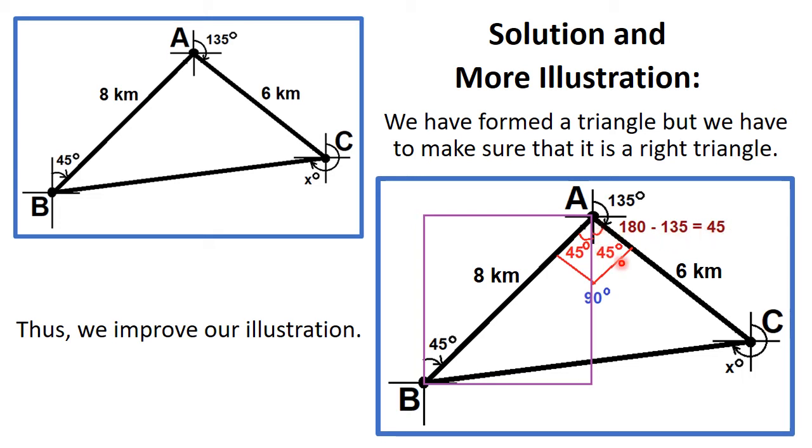The measure of this part of the angle is 45 degrees. If we add up 45 degrees and 45 degrees, the sum is 90 degrees, which is a right angle. So now we have shown that this triangle is a right triangle. This means further that we can use the definitions of the trigonometric functions and the Pythagorean theorem, if necessary, in our solution.